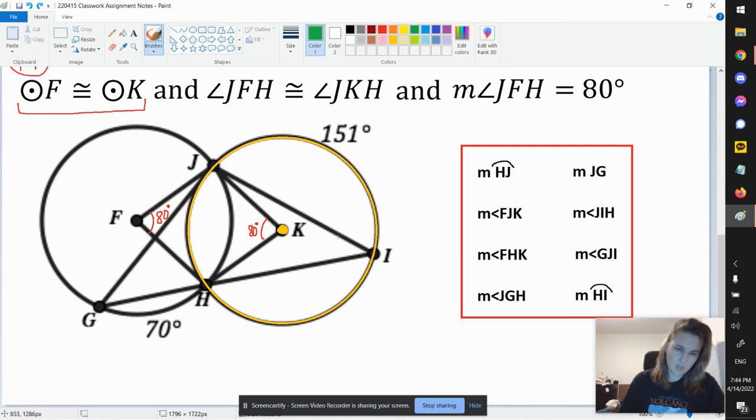What else do they want? If something forms a straight line, it's got to equal 180. Once we get this one and this one, this green triangle is such that it needs to add up to 180. So this is how we'll find GJI.